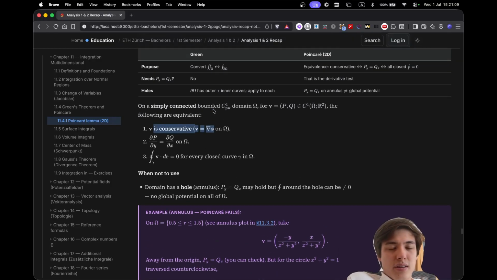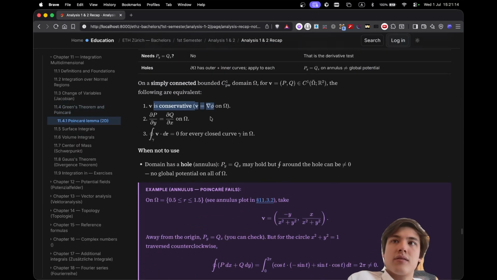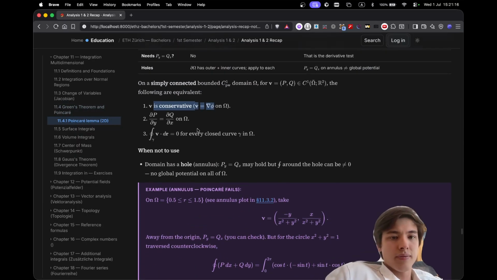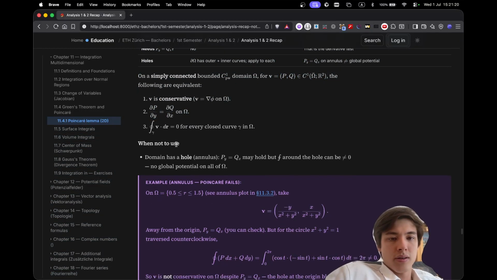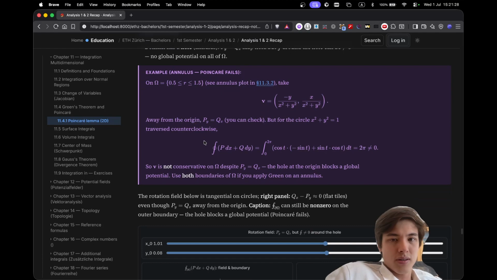So V is conservative, so like a vector field, a potential field, I mean. So if these are equal, then the closed loop integral is 0. Yeah, that's what the theorem is.